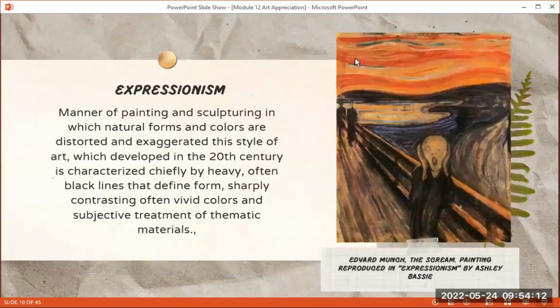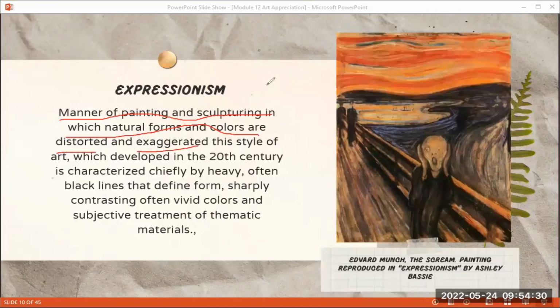Now, another technique is expressionism. It refers to the manner of painting and sculpting in which natural forms and colors are distorted and exaggerated.